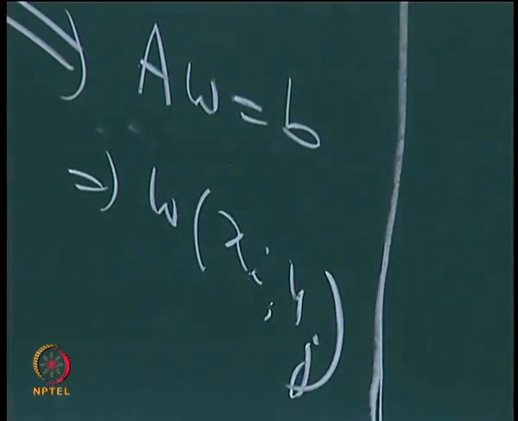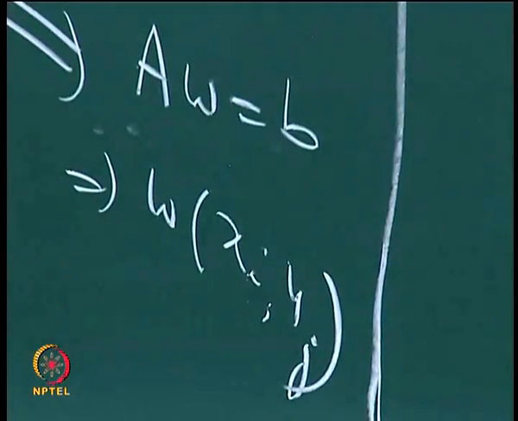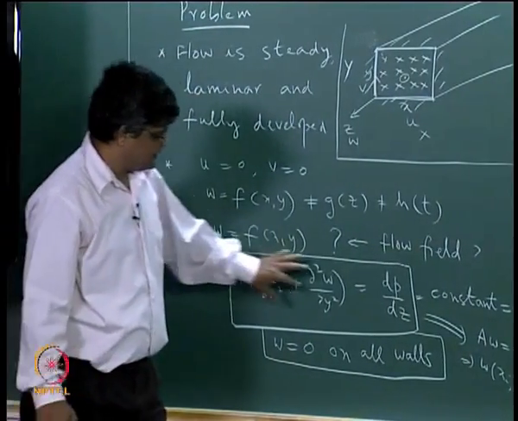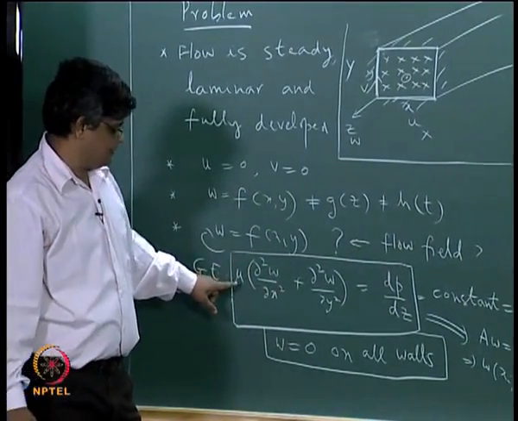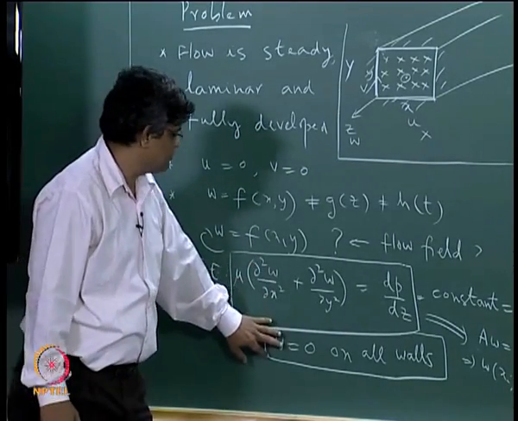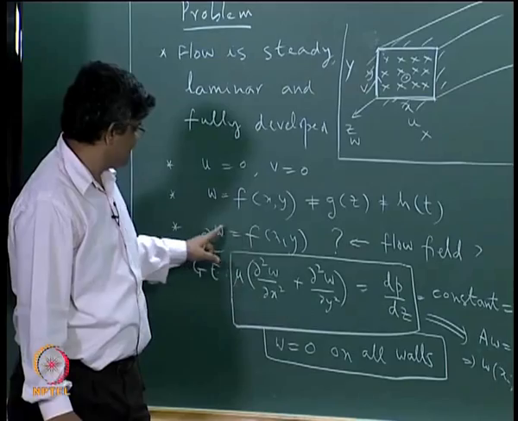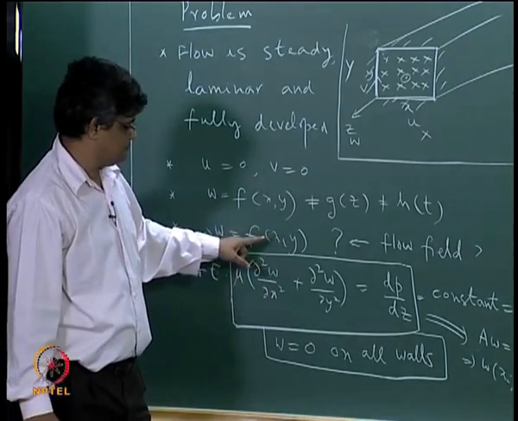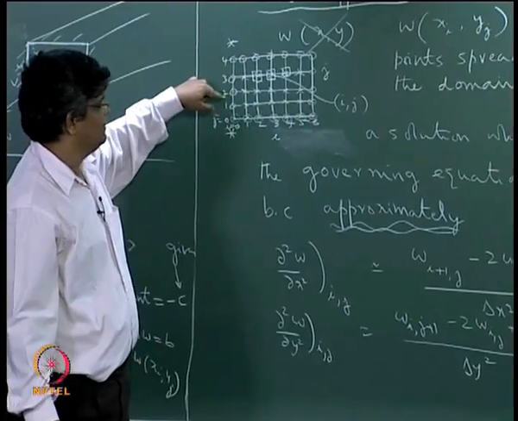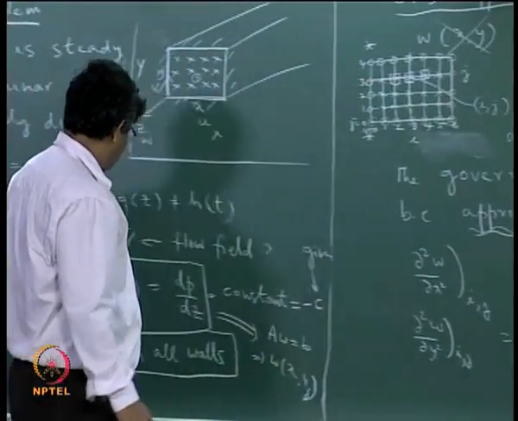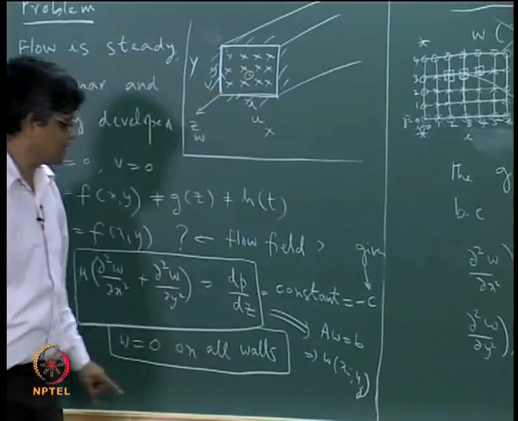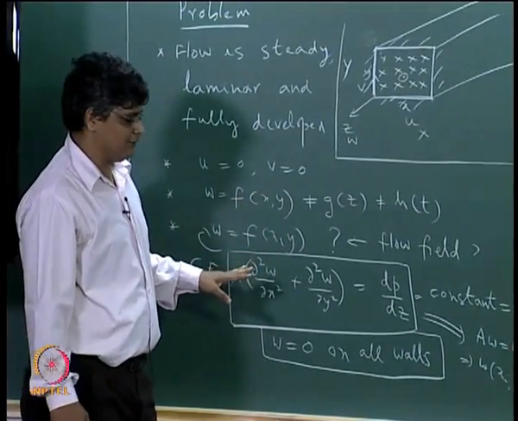So this is how we are getting a solution in the CFD approach. We are not solving the equations directly, in the sense that for this governing equation and this boundary condition, we are not getting W at any x, y, we are getting it only at the selected grid points. And not only that, we are not getting the value of W at xi, yj by solving the exact equation.